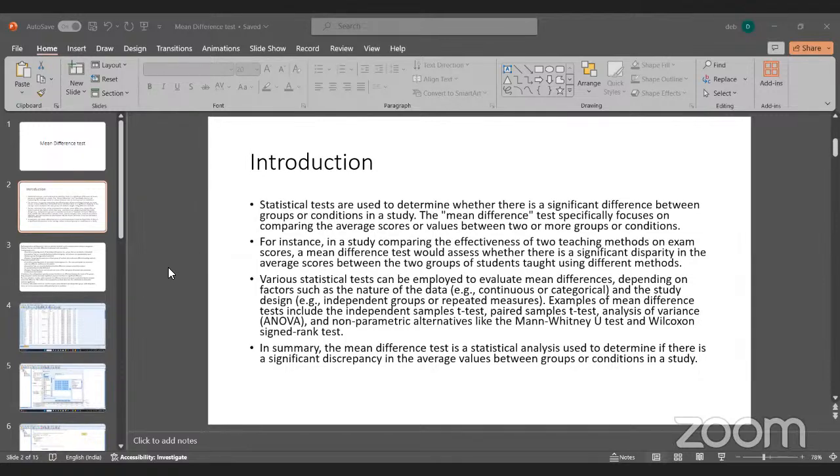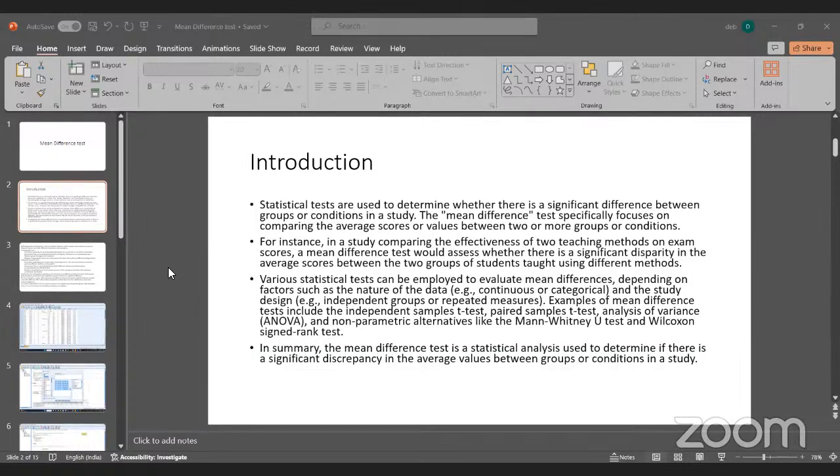Introduction. Statistical tests are used to determine whether there is a significant difference between groups or conditions in a study. The mean difference test specifically focuses on comparing the average scores or values between two or more groups or conditions.